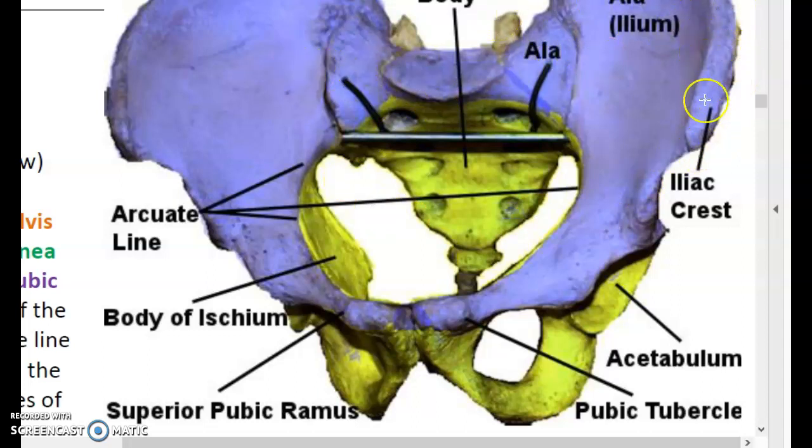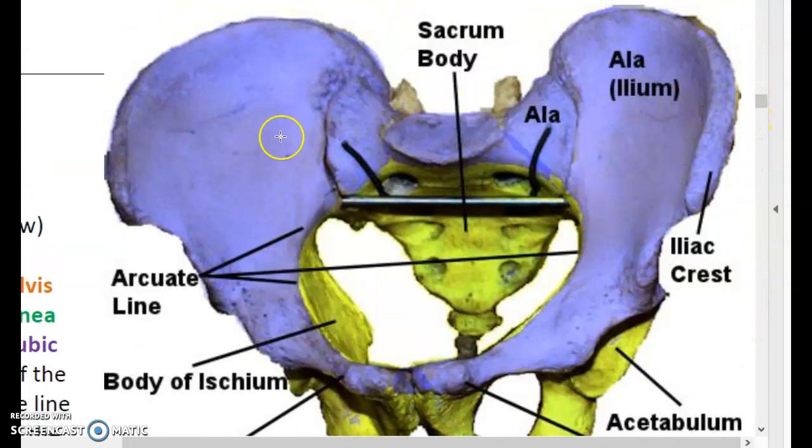So, the ala, the wings, are pushed out more. And they tend to be lower and shallower for the iliac crest. In order to accommodate childbirth, basically structures were changed, and as a result, there's less muscle attachment. Women don't have as much muscle attachment, so the iliac crest is lower down.